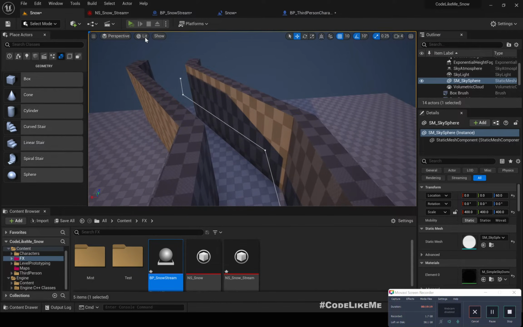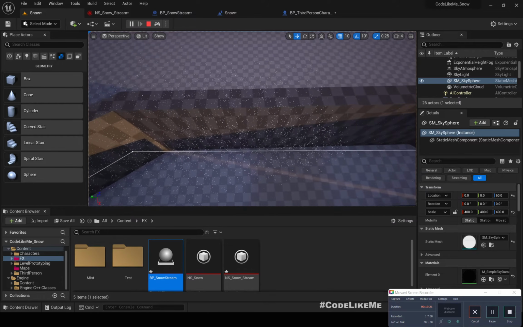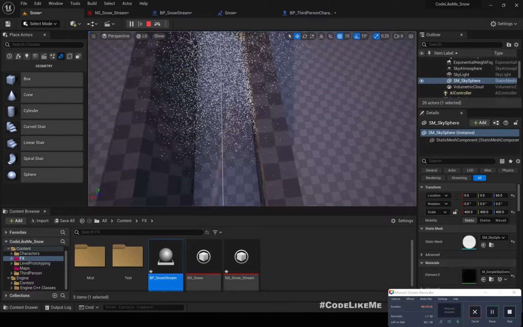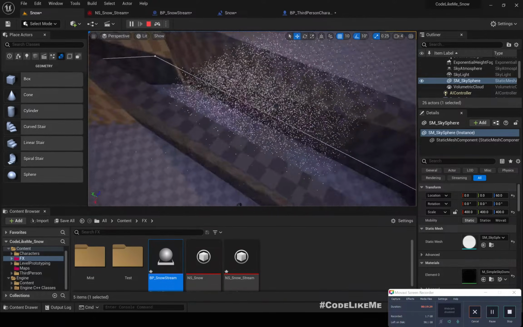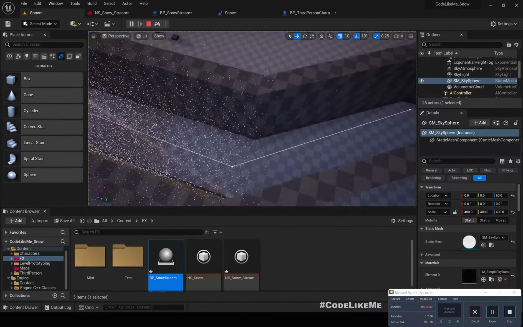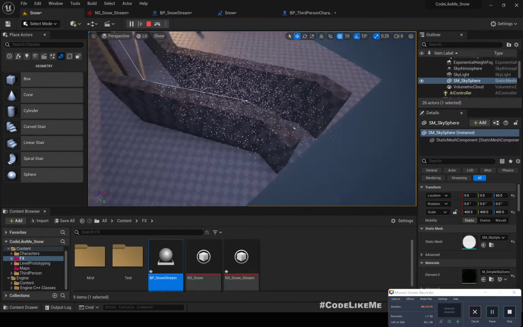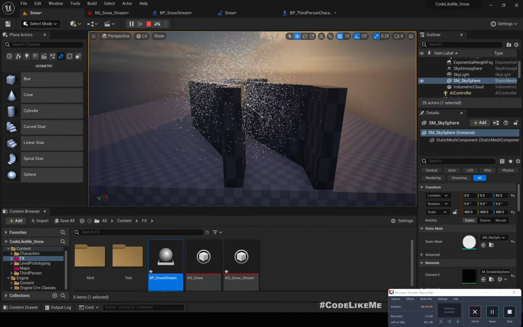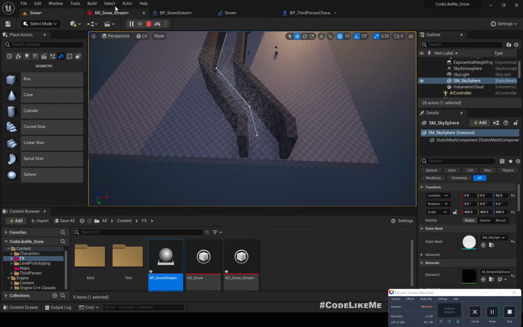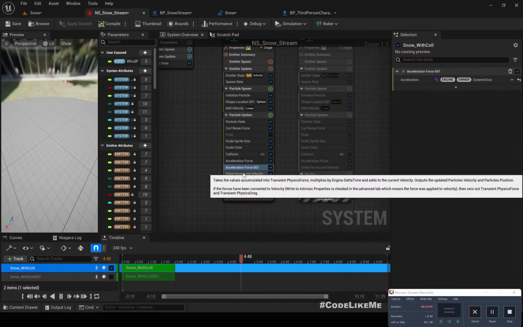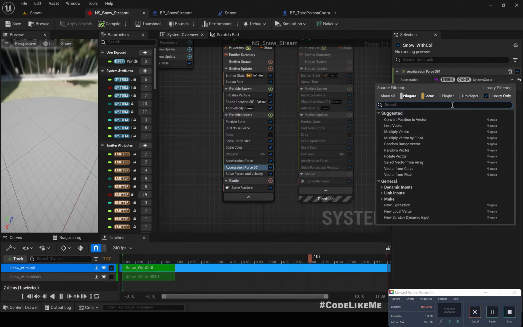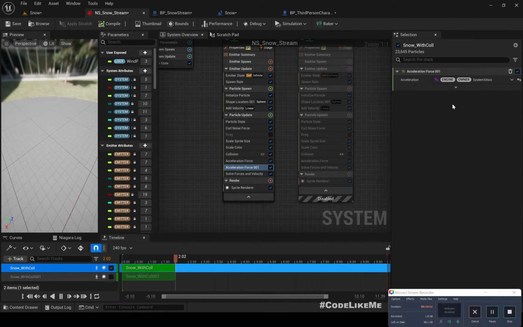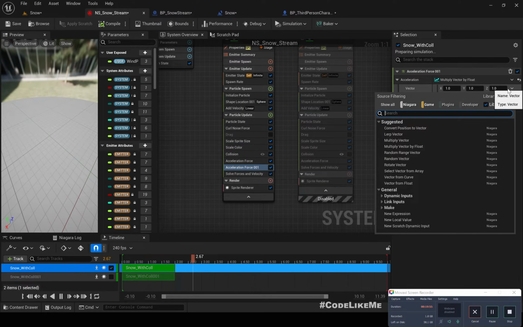Okay, so does that mean... where's the x-axis? Oh, we need to multiply this. Multiply vector by float and x-axis.